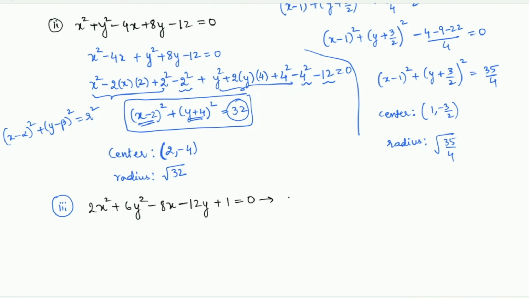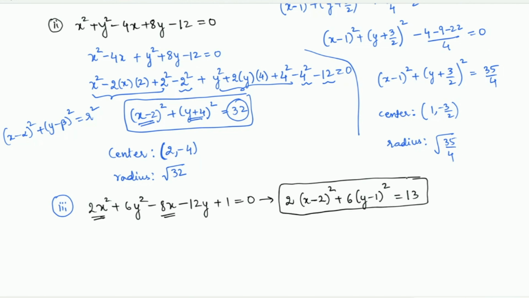Now if I write it like this, 2 we can take common: 2 of x minus 2 whole square plus, if I take 6 common, 6 of y minus 1 whole square. If I complete the square, I'm getting like this.